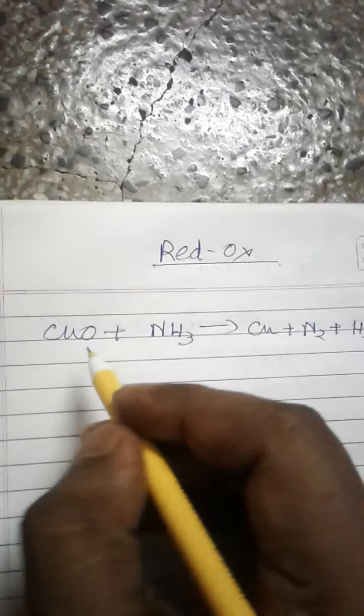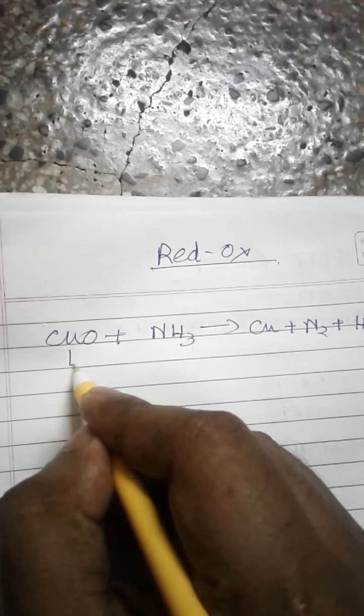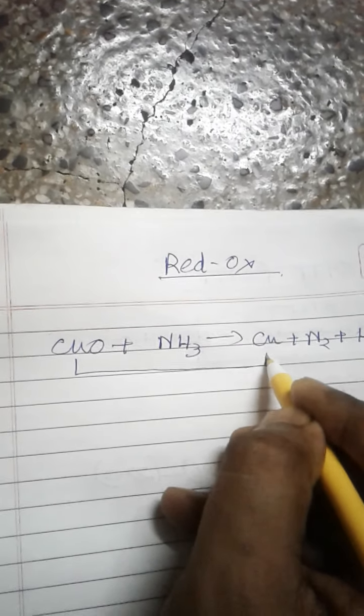Now first we have to know which one becomes oxidized and which one becomes reduced. If I consider the oxygen adding and hydrogen removing method, now copper removes oxygen, so it becomes reduced.